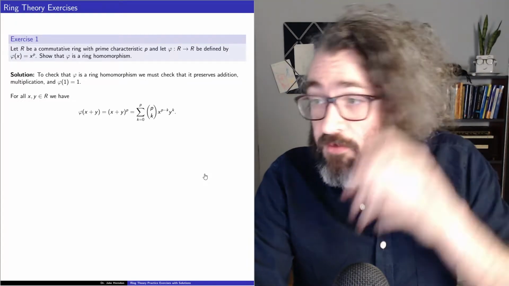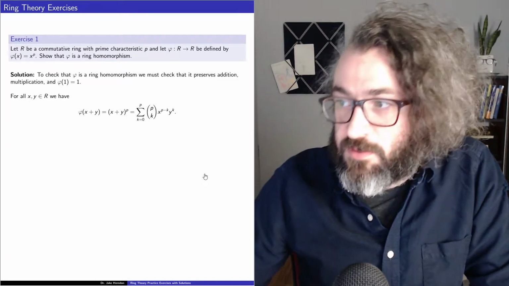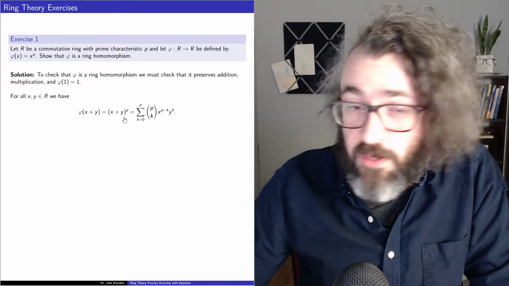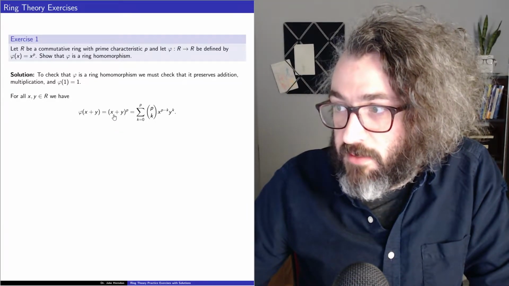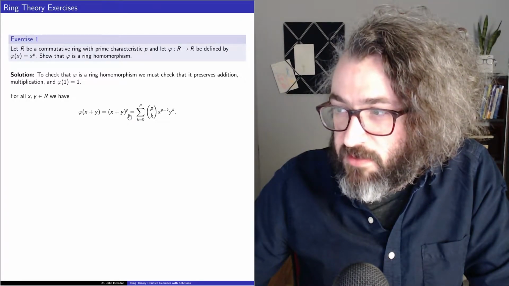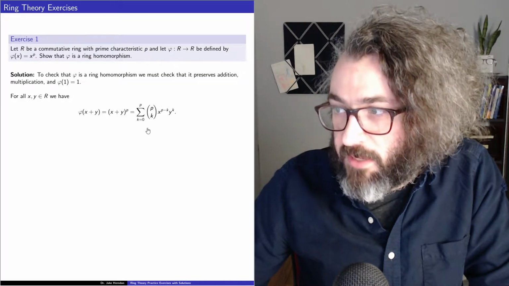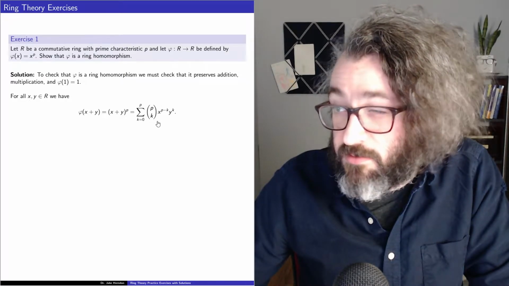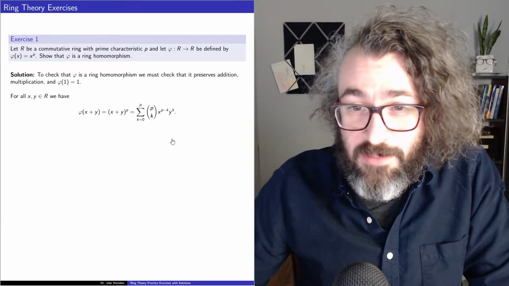So for all x and y in R, we've got phi of x plus y is equal to x plus y to the pth power. That's the definition of phi. And the binomial theorem says x plus y to the pth power is equal to this quantity, the sum from k equals 0 to p of p choose k times x to the p minus k times y to the k.